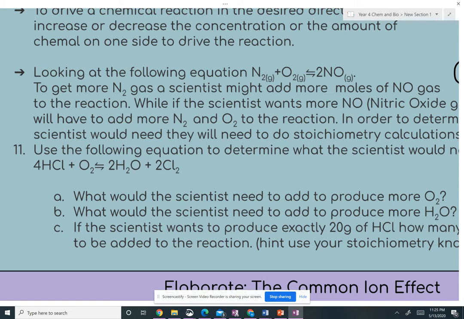Same thing on here. If I add more oxygen to the equation, I'm going to get more H2O and Cl2. Those are the things that are going to happen. If I want to drive the equation the other way, I'm going to probably add more water to my equation so that I get more oxygen and more hydrochloric acid.